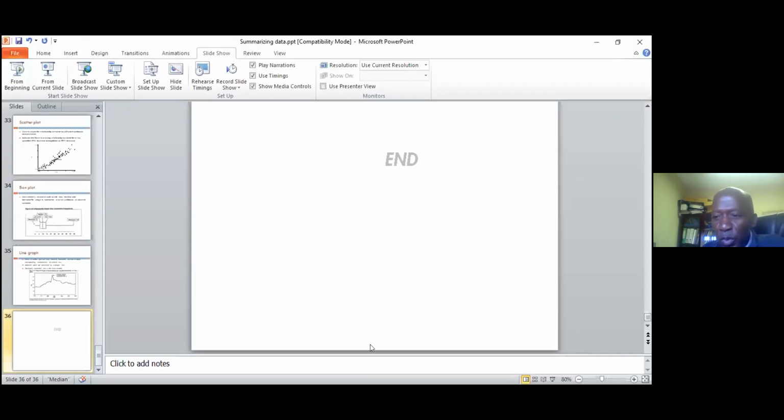So yes, you can also read on the different types of data and different types of graphs, and use them as you handle different types of data that you encounter in your practice.